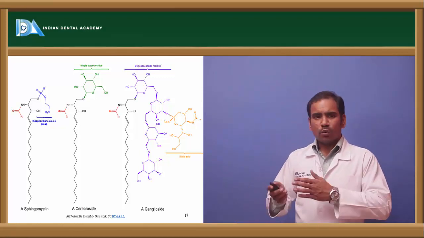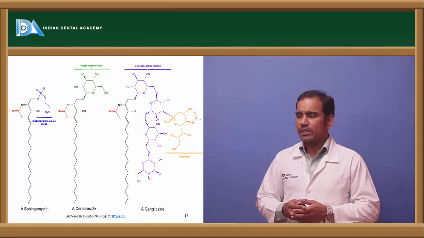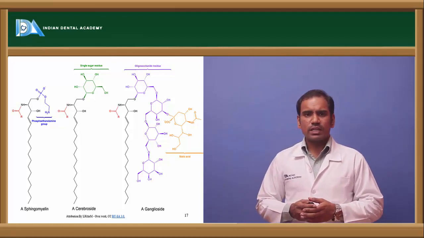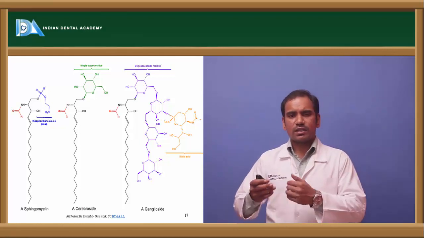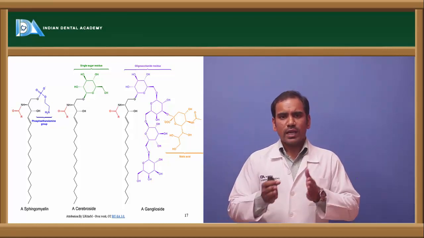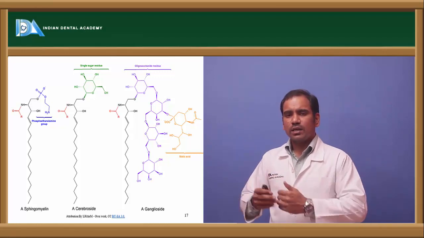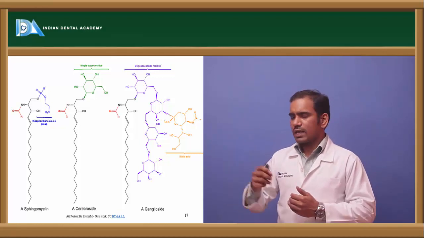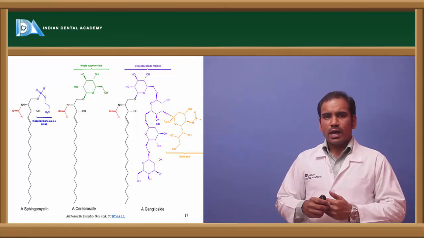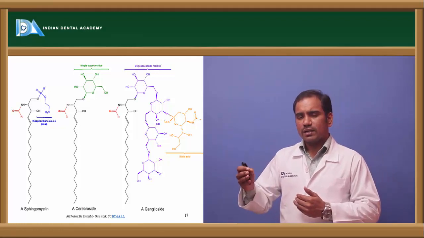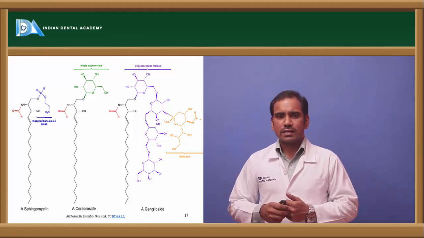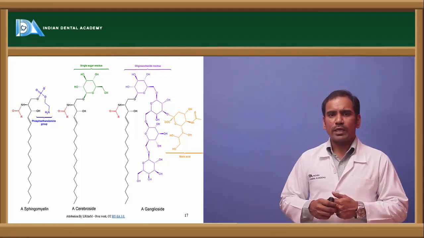And coming to the more complex type of glycolipids, gangliosides. These gangliosides again have the basic ceramide structure, meaning sphingosine plus fatty acid. In addition to this, they have two or more simple monosaccharides, and in addition to these monosaccharides, they have a sialic acid called N-acetyl neuraminic acid.